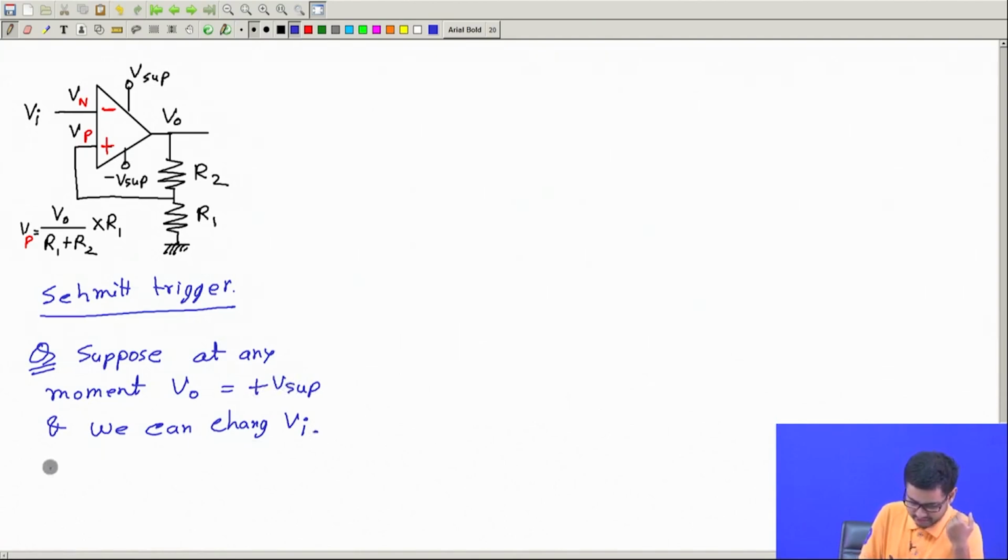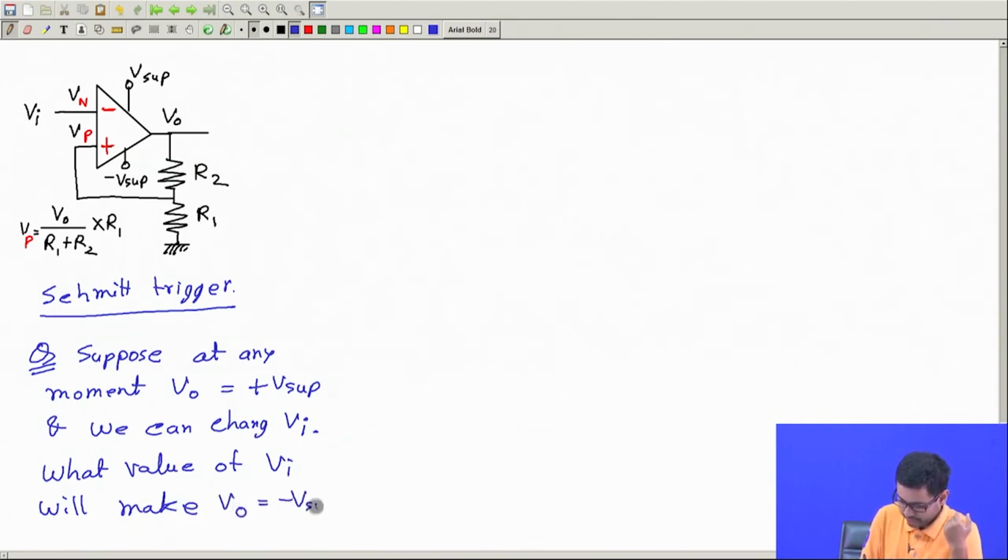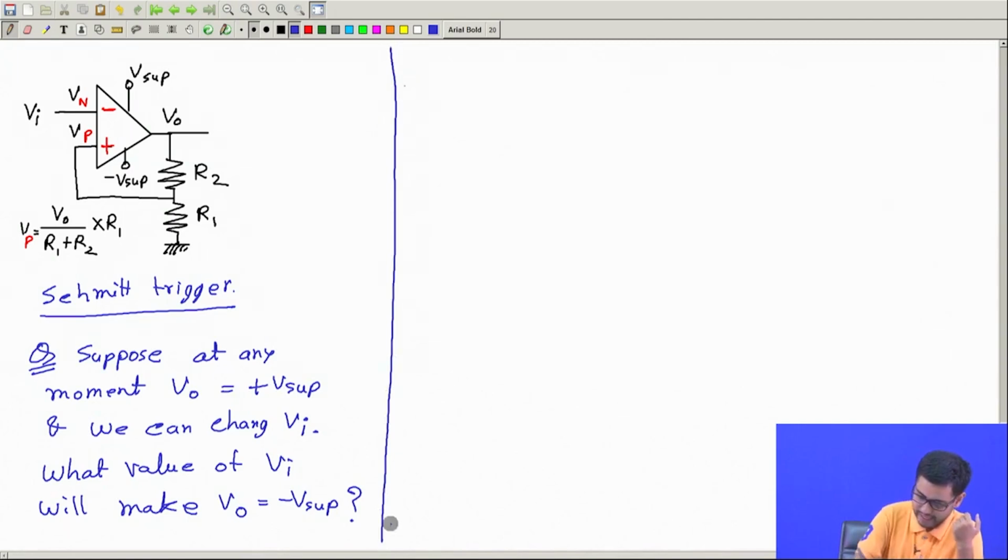and we want to make VO equal to minus V supply. So the question is, what value of Vi will make VO equal to minus V supply. So this is the question. Okay. So now answer. So first observation is that if I want to make VO negative, when can it be negative?